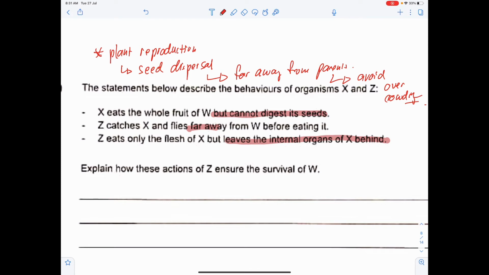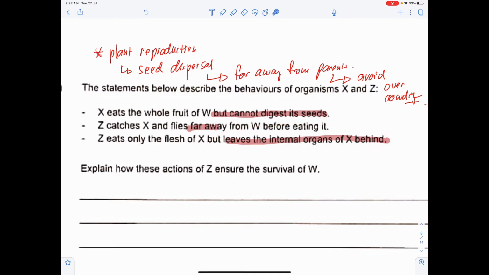So even without much analysis, just by annotating like that and figuring out what the question is trying to ask, I know that in my answer I must write disperse further from parents, avoid overcrowding. 1 mark in my pocket. What about the other 1 mark? I must take the hint that it cannot digest, so good. And what's with the internal stomach part?